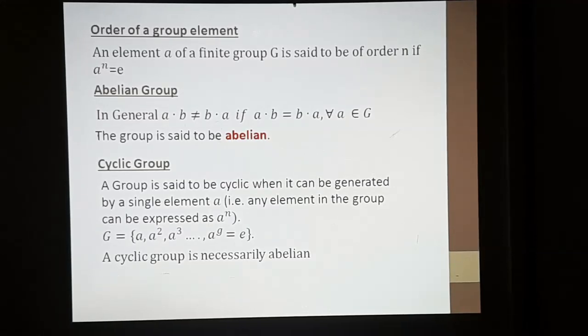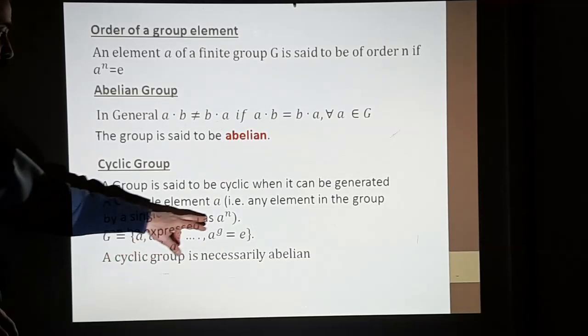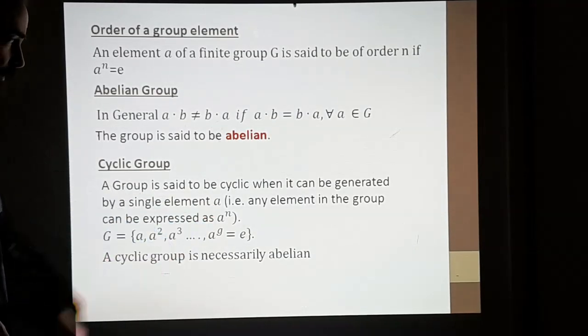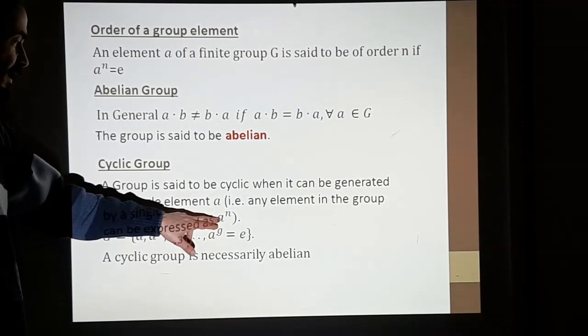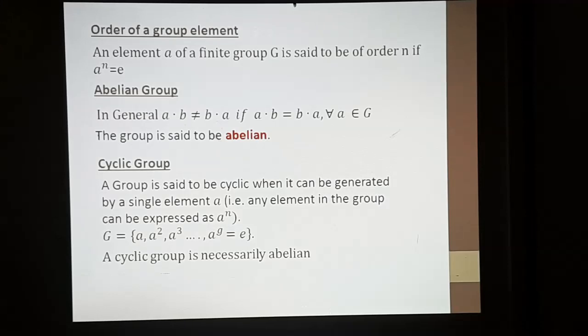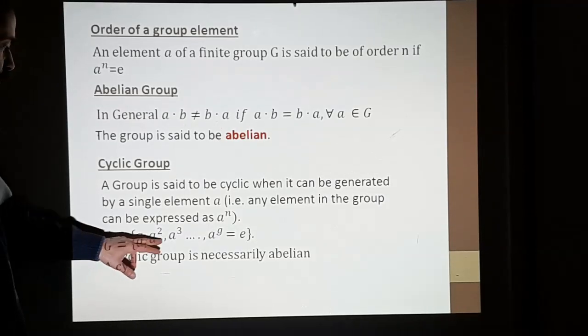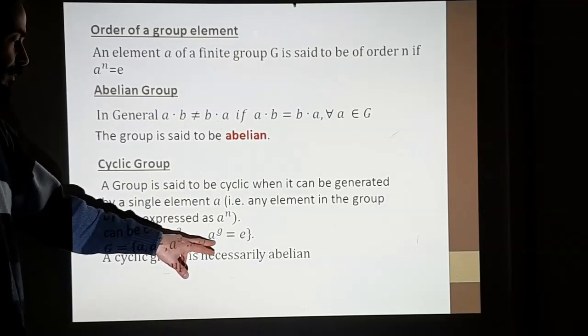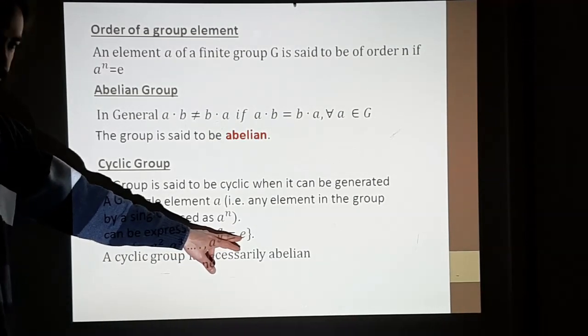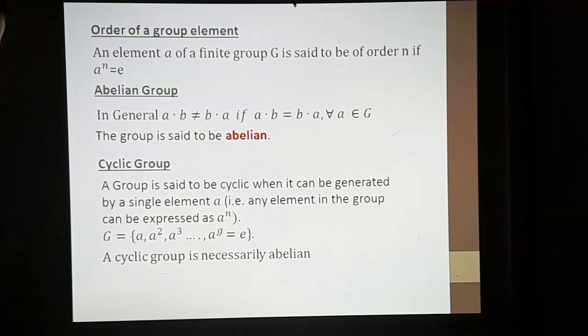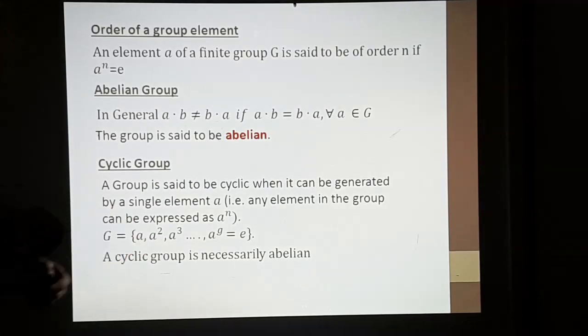Now, a group is said to be cyclic when it can be generated by a single element A. So any element in the group can be expressed as A power n. So the group will be A squared, A cubed, etc., A power g is equal to identity. Why A power g is equal to identity?